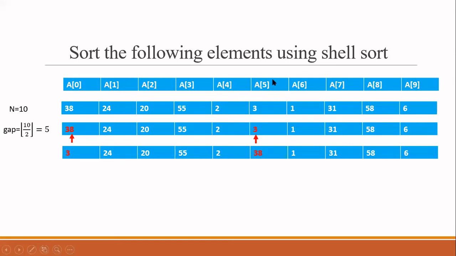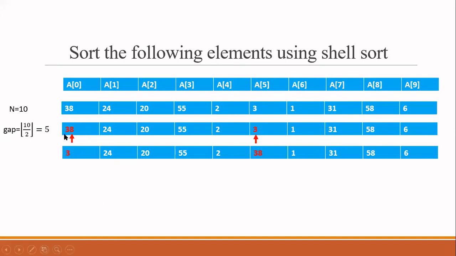Where you will set the next pointer is, whatever this index is, subtract the gap from it. The index is 5, and if I subtract 5 from 5, I will get 0. So I have to set my second pointer at A of 0.